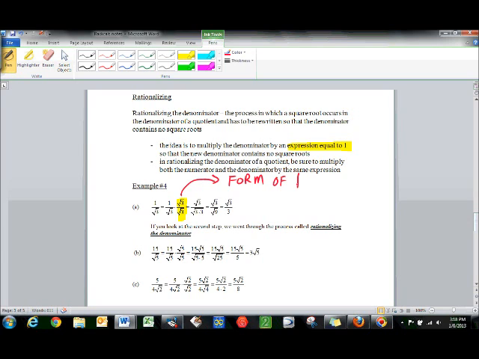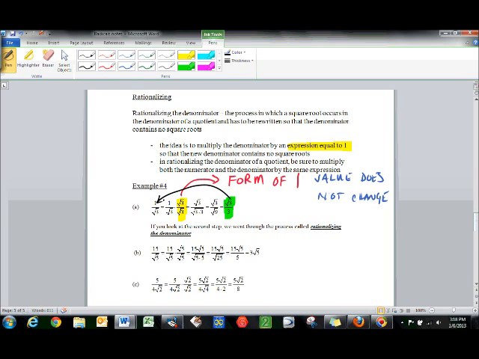So what's happened here is the value does not change. This is important. We want the final answer to have the same value as the original problem.